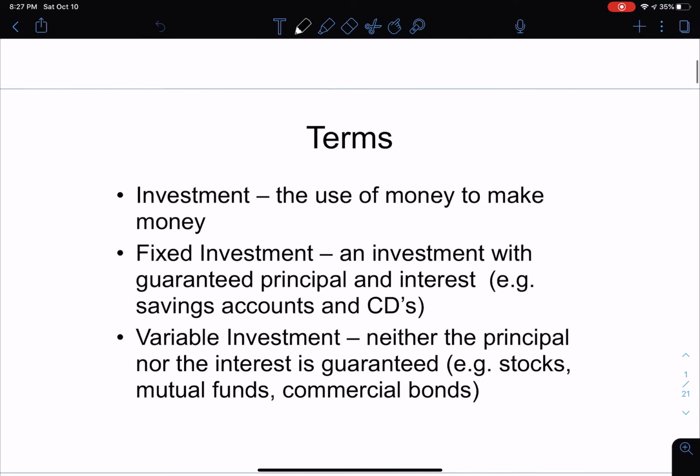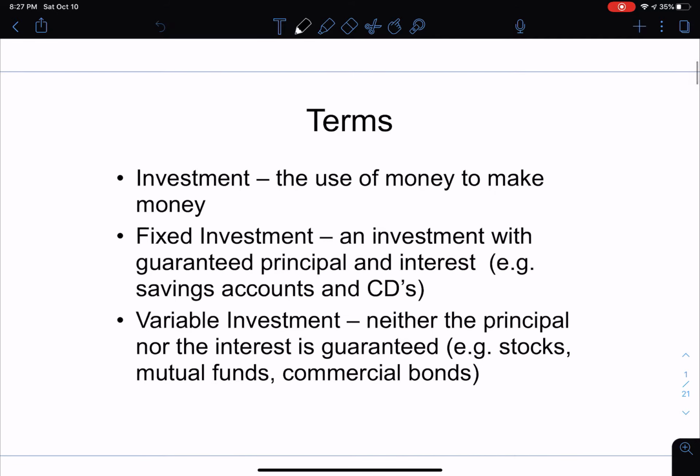Before I show you how, just a couple other terms that you might see as you're doing your reading here. Investment is the use of money to make money, and that's how I keep trying to frame my examples. It's a very positive thought to put money in and try to use your money to make some extra money, interest and things. A fixed investment has guaranteed principal and interest, like a savings account with a certain interest rate.